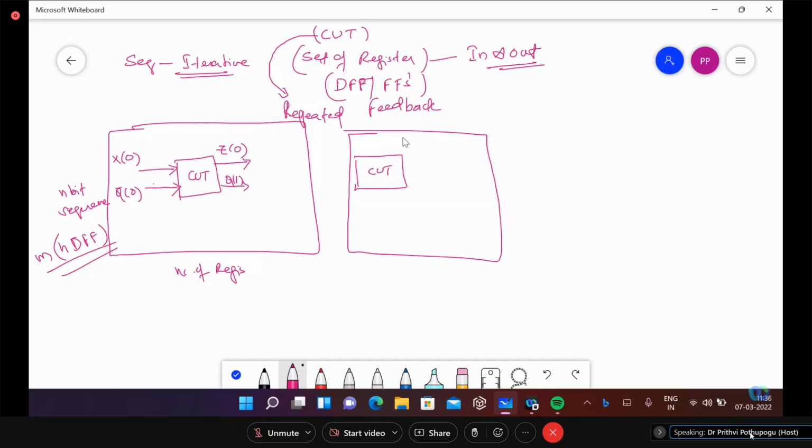Rather, if I want to cut this down, I can divide these n D flip-flops in between the segments themselves. These are the registers.